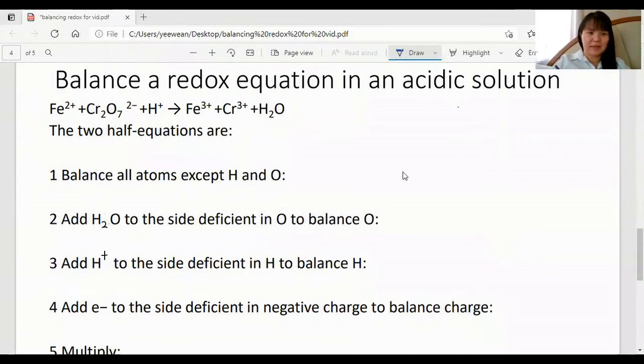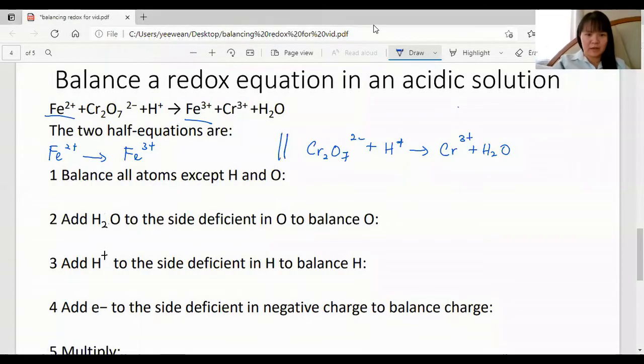Okay, our focus. Let's balance this redox equation that is in an acidic solution. So the two half equations: we know that there's Fe here, so I'm going to break it down into two half equations. Okay, so I broke it down. I took Fe2+ and Fe3+ here, and the rest of it, acidified dichromate, I wrote it here. Now let's balance all the atoms except the H and the O, each one separately.